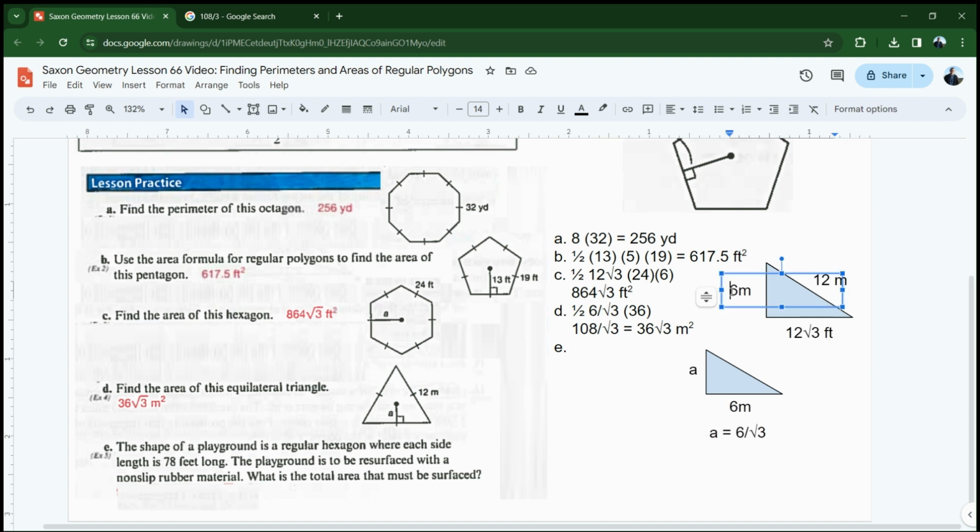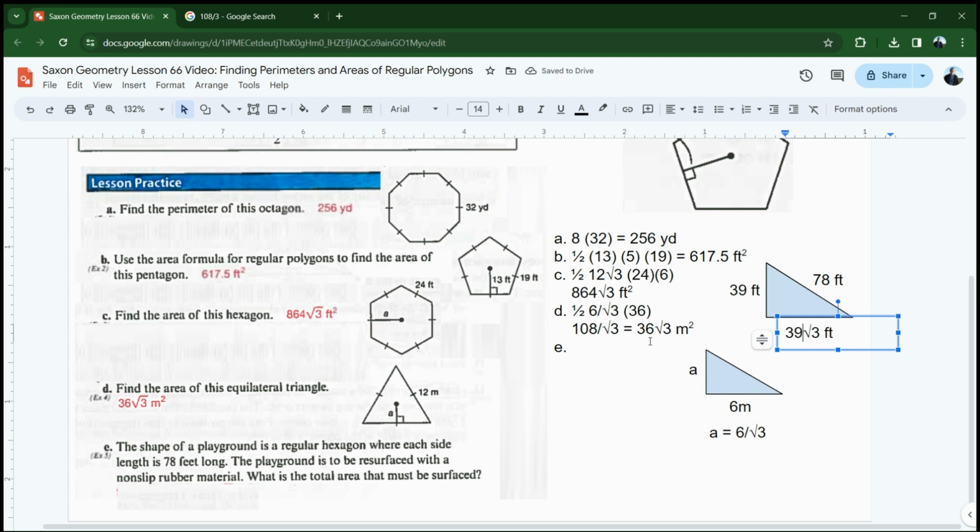Half of 78 is, what is it, 39? And it's 39 feet. So that means this is going to be 39 feet. This is going to be 78 feet, okay? And then this down here is going to be 39 times the square root of 3 feet.